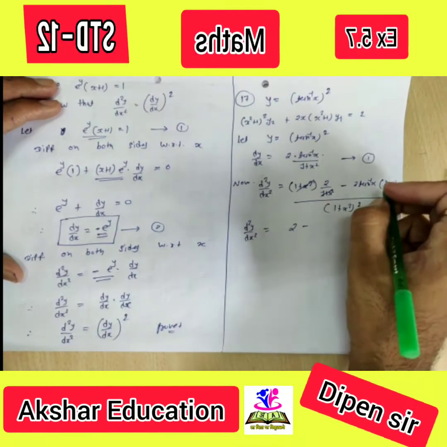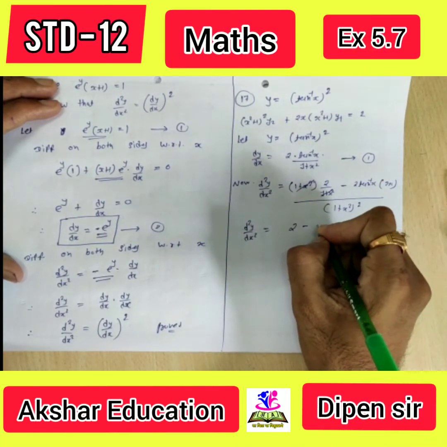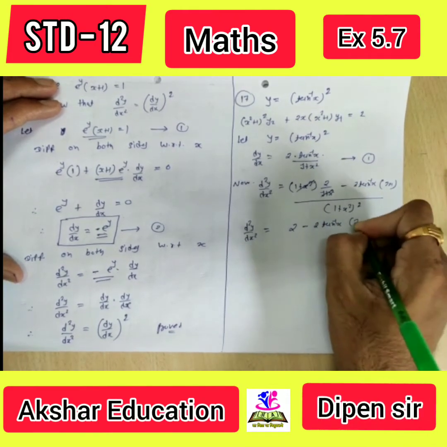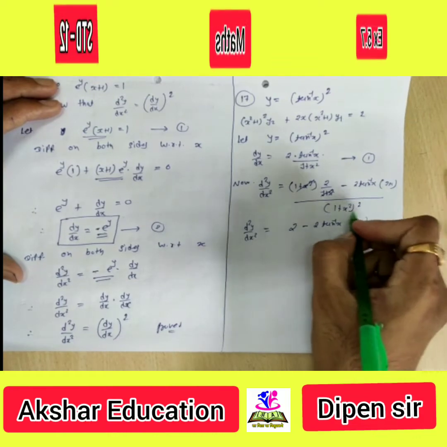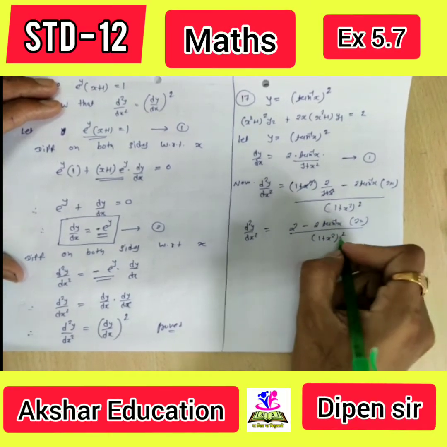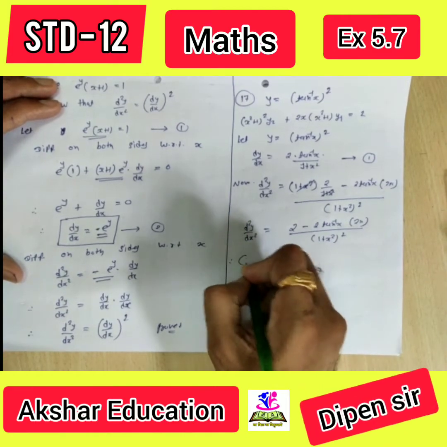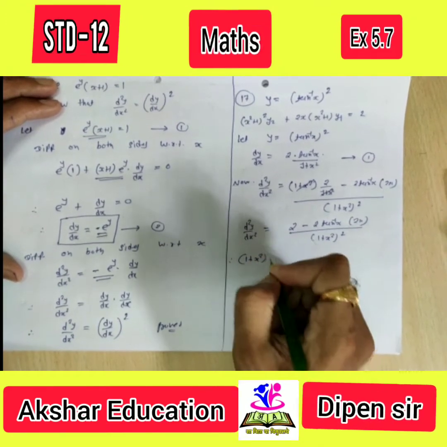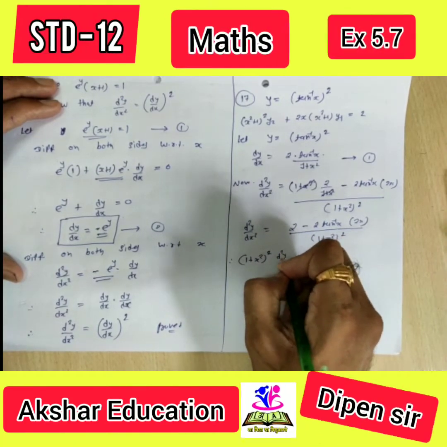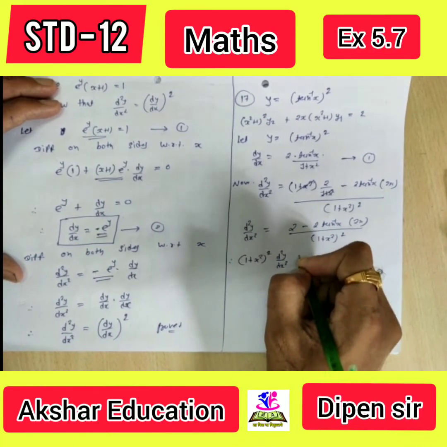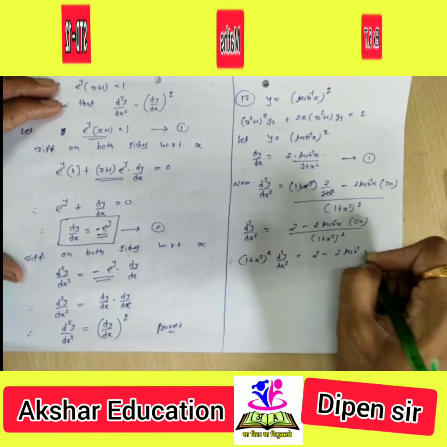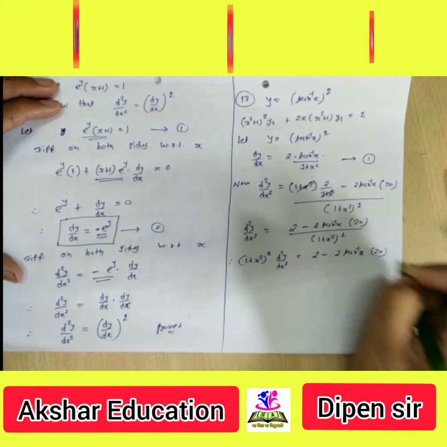So here we get d square y by dx square equals, this is only 2 minus 2 tan inverse x into 2x, over (1 plus x square) whole square. We can write this (1 plus x square) whole square by multiplication: (1 plus x square) whole square into d square y by dx square equals 2 minus 2 tan inverse x into 2x.